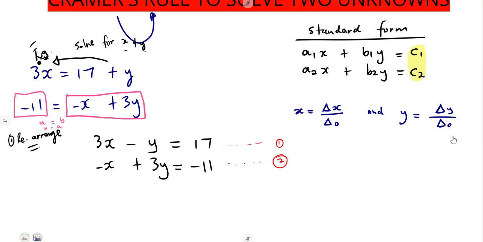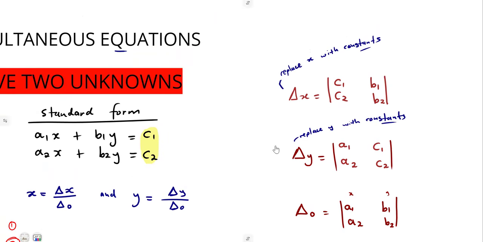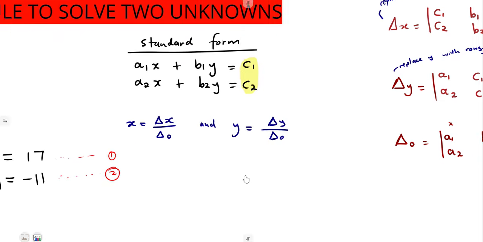All right, so it is up to you which one you are going to start with: for x, for y, then for the constants that you have. Delta x. Replace x with constants. The power of x you replace with constants. So this is what we are going to have.